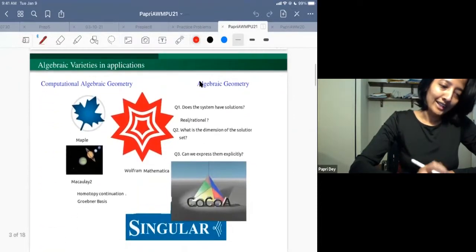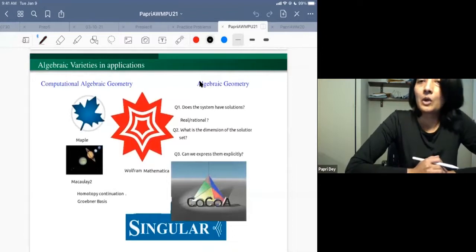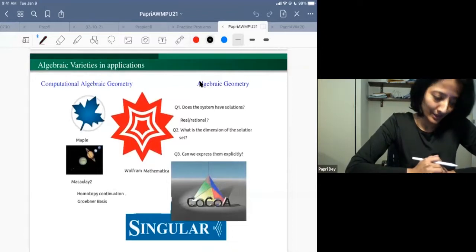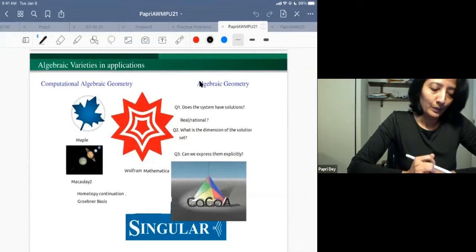This is the slide to show my gratitude towards computer algebra systems. Because in algebraic geometry, people frequently come across these 3 questions. Does the polynomial system have solutions? Are they real or rational? What is the dimension of the solution set?